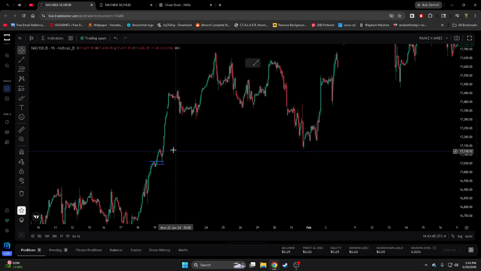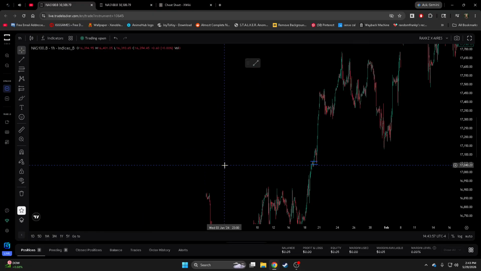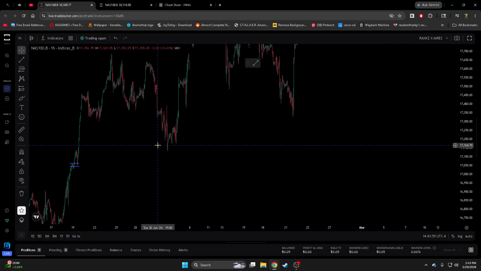Then it's pulled back to this order flow. Well, this old liquidity. I don't know. Because this is a new range being made.